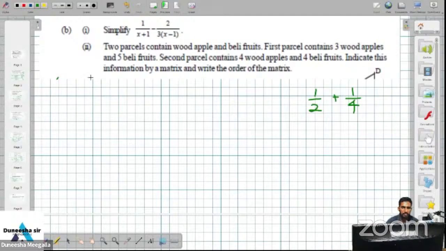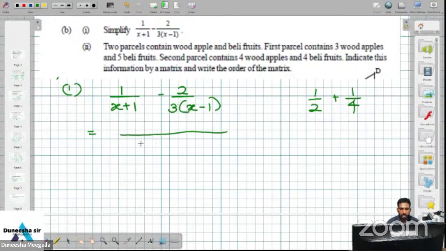I think time is enough for doing it. What is 1 over x plus 1 minus 2 over 3x minus 1? Okay, let's take a common denominator. (x plus 1) should be multiplied by (3x minus 1).